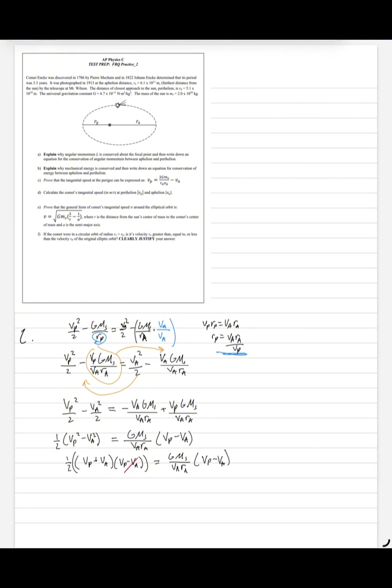Now I can cancel out V P minus V A. And I can move the 2 over to the other side, and then I can move V A to the other side too. So that'll leave me with the proof that V P is equal to that thing.